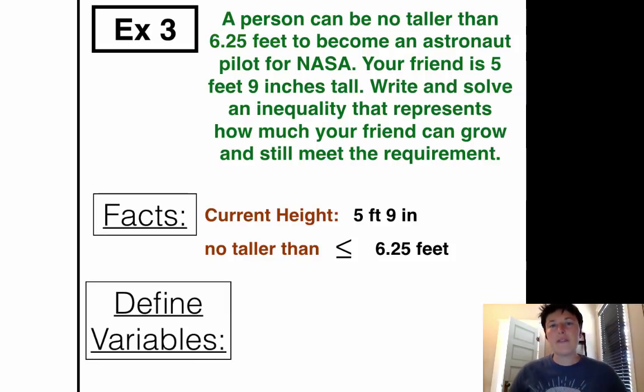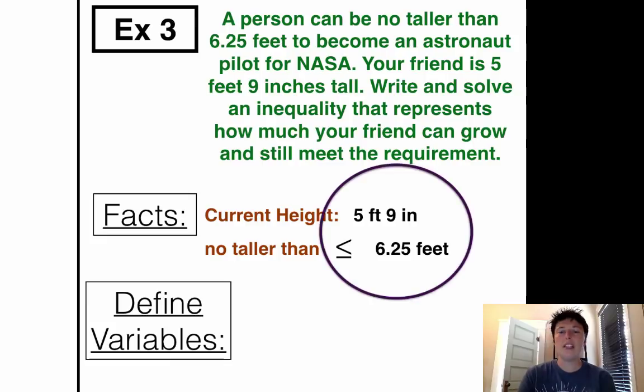Now we got to define some variables. If we're doing algebra, we need variables, an x or a y, and we got to define those ourselves. We have to come up with what those are. Since we're dealing with height, we have a little bit of a problem that we better clean up first. We've got inches and we've got feet, and that's kind of a clash.